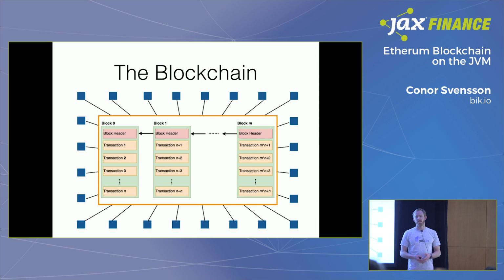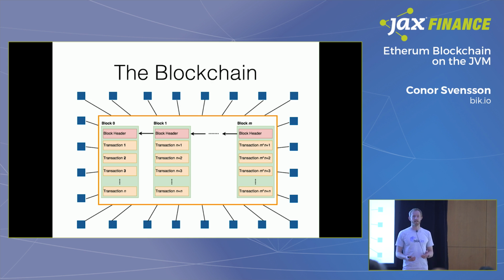So the blockchain itself is a decentralized, immutable data store. It's decentralized in the respect that there is no single entity responsible for it. It's made up of a number of peers all connected together, and they replicate this data structure, which is like a singly linked list, which is your blockchain.